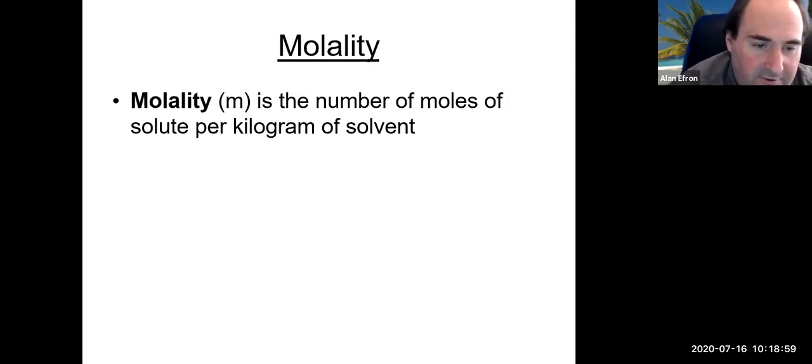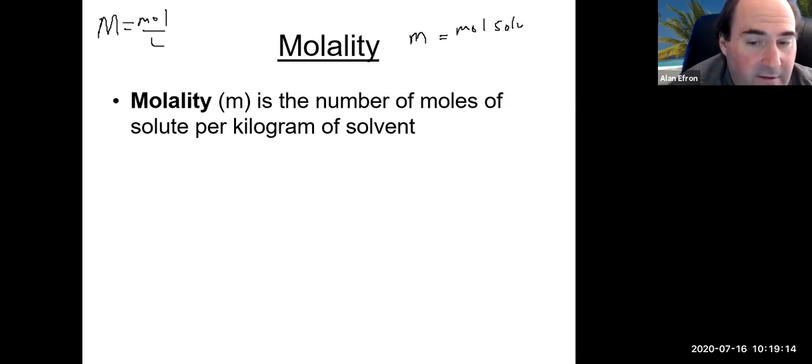Just for comparison purposes, molarity is moles per liter. That is big M. Molality is actually small m, which is not to be confused with mass. And that is moles of solute divided by kilograms of solvent. So there is a major difference between these two things.